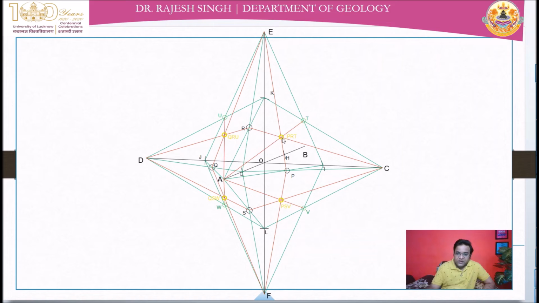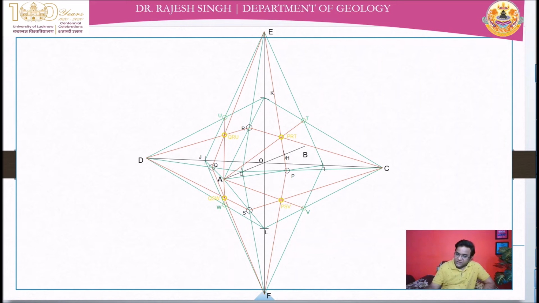Then you have to draw PRT to T, QRU to U, QSW to Q and S, PSV to S and V, and P to I, S to L, Q to J, R to K, and these points Q, S, P to the G.